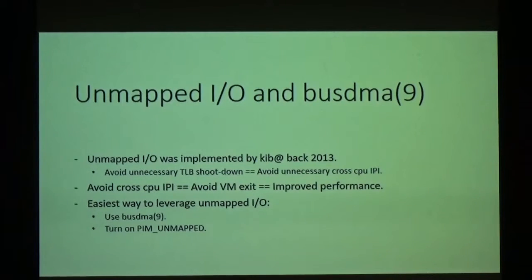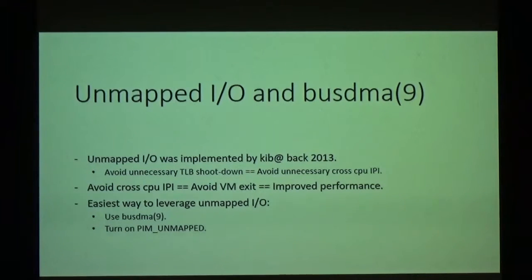First of all, it's the almighty Unmapped I/O. The Unmapped I/O was implemented by Kip, I think, in 2013 also. It's mainly used to avoid the TLB shootdown. Avoiding the TLB shootdown means you avoid all unnecessary cross-CPU IPIs. Well, on virtual machines, cross-CPU IPIs equal VMX exits.